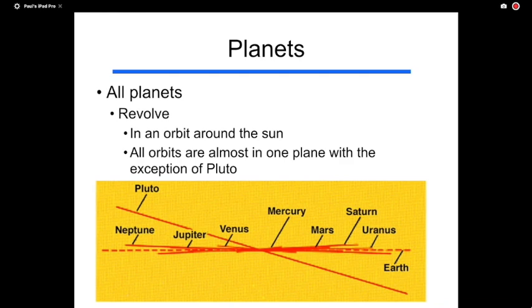The category in which Pluto was placed into, all of their orbits look like this. And so the fact that they are all on the same plane actually goes back to how we think the solar system was created and why all the planets are spinning relatively in the same direction.